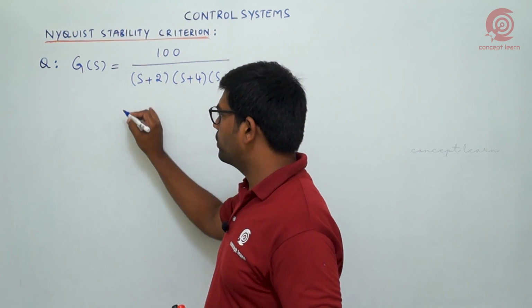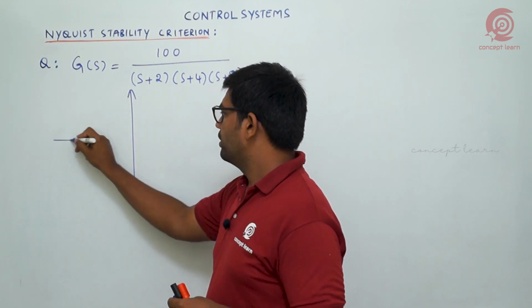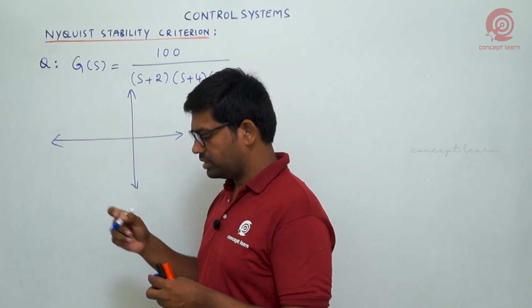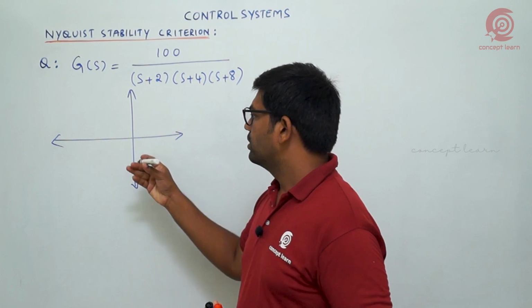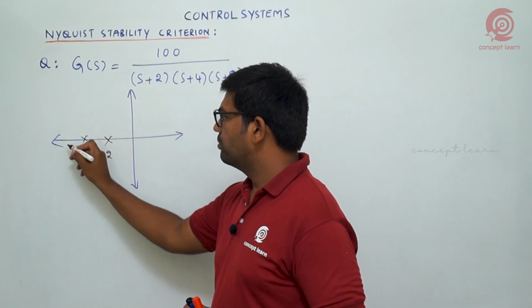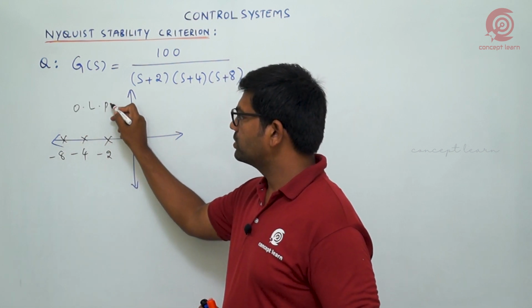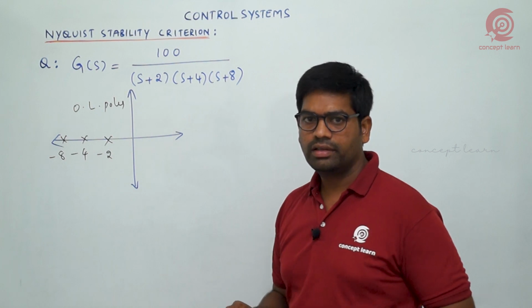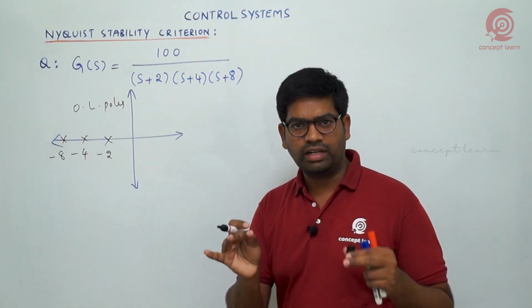When you draw the pole-zero plot, where are the poles located? -2, -4, -8. These are the open loop poles. So based on that, open loop system stability is not our interest here.